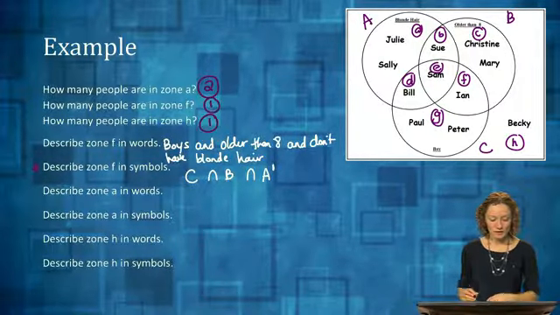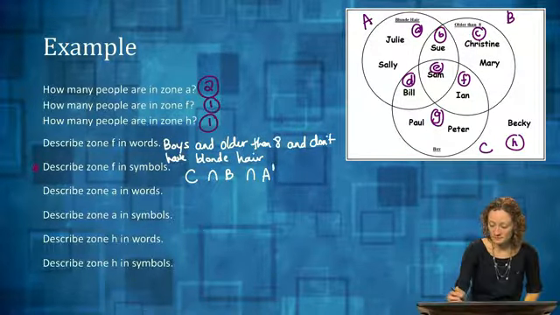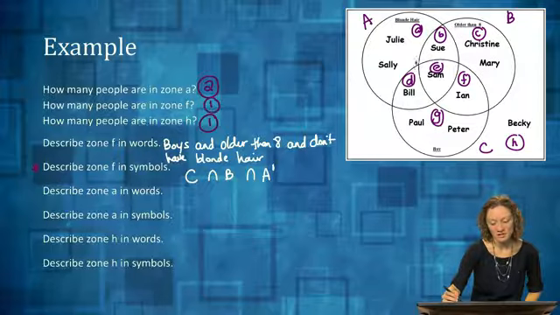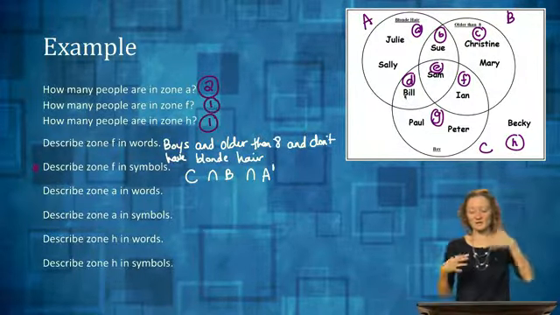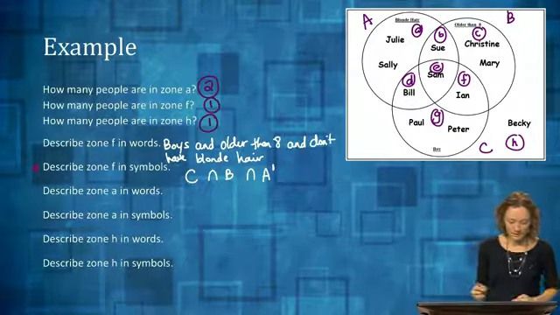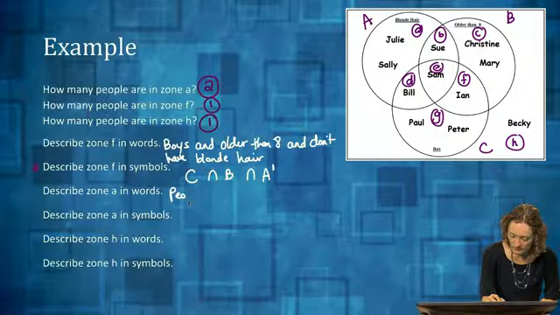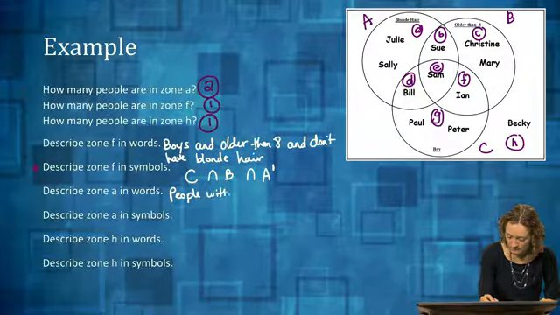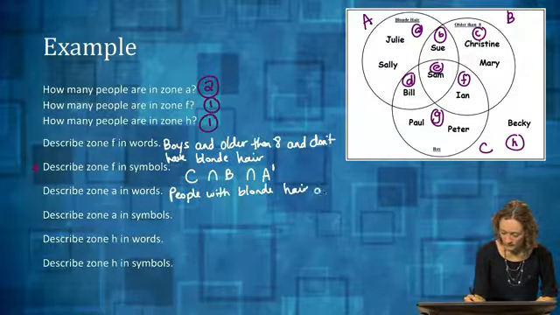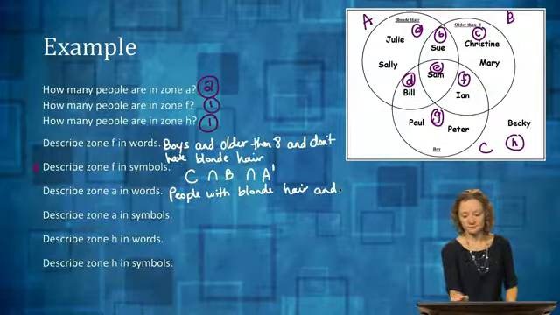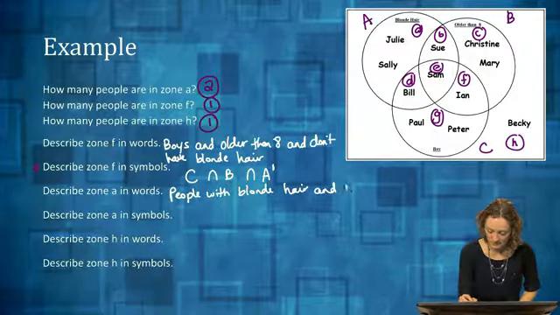The next one, let's do zone A first in words and then symbols. So zone A in words. And again, I would suggest trying to use all three of the set descriptors because you'll have to use them all in symbols. So zone A in words: these are people with blonde hair and people that are not older than 8 and not boys.